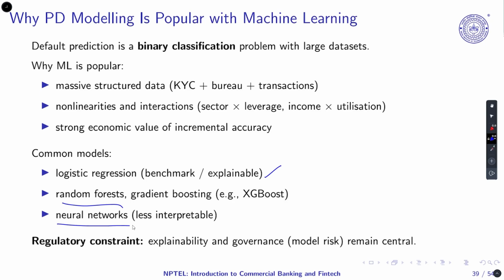Based on that, they will ask you to predict, and you may be using large data handling models, and those models become important. Shrinkage based models are also quite popular and play an important role. People are also using non-linearities and interaction terms like sector into leverage, income into utilization. Then they are also going for structured data like KYC, bureau, transactions and others.